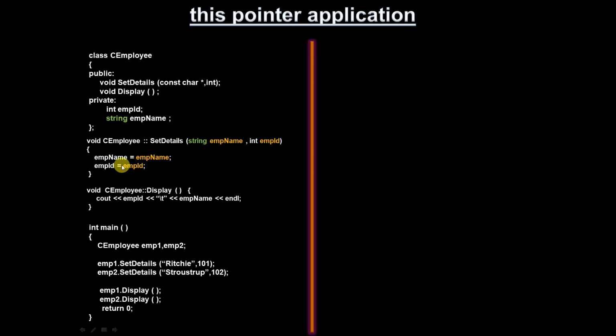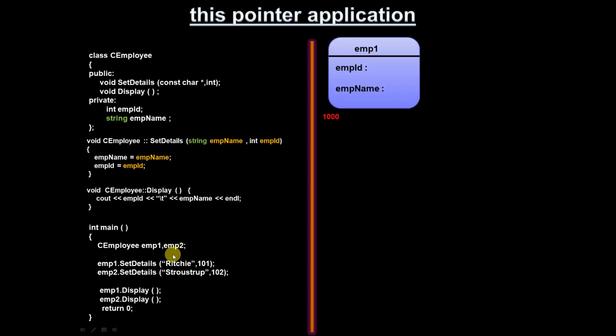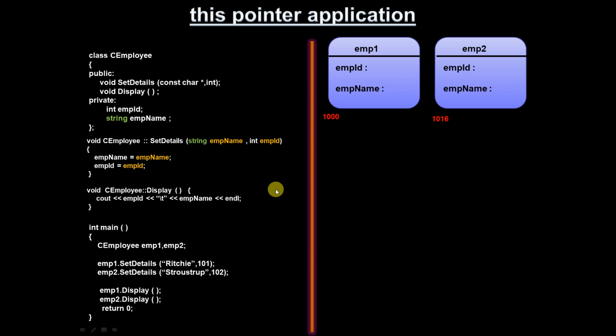Here I am creating the objects: employee1 and employee2. Since we are creating the objects in the main function in the local scope, the objects will get memory in the stack segment. In the stack segment, by default the values will be assigned some garbage values. So two objects are getting created, employee1 and employee2, with garbage values initially.